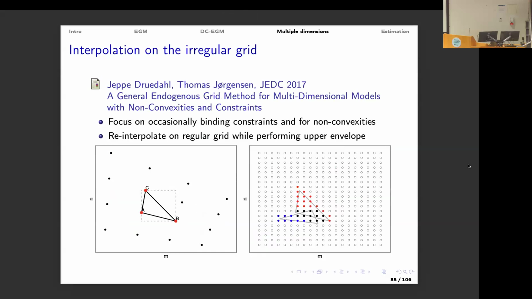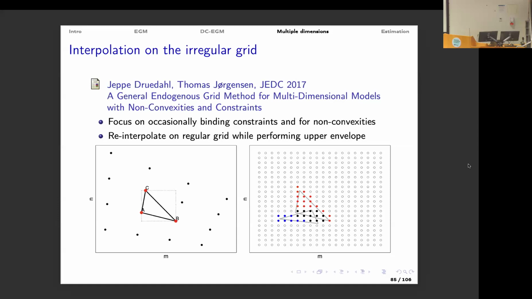Now, the paper by Jeppe Druedahl and Thomas Jørgensen makes a big contribution in trying to solve general multidimensional problems, including the non-convex problems. They're talking about occasionally binding constraints. They're considering a problem with potentially many constraints that can come in terms of a discrete choice, or something else that constrains the choice among the continuous variables.